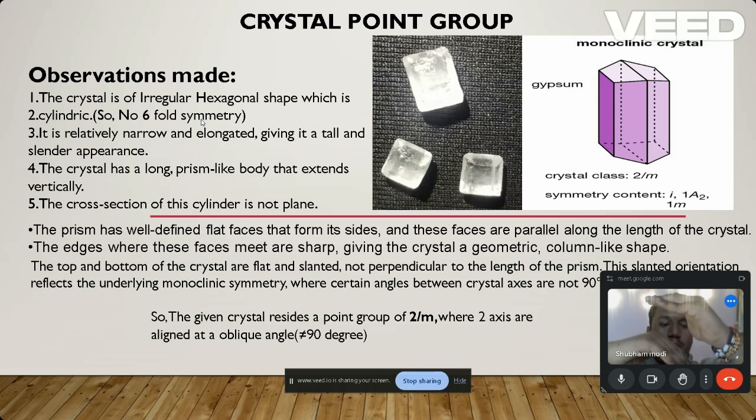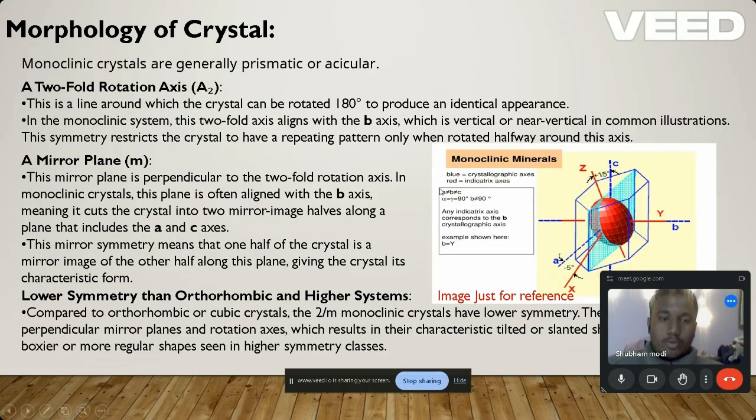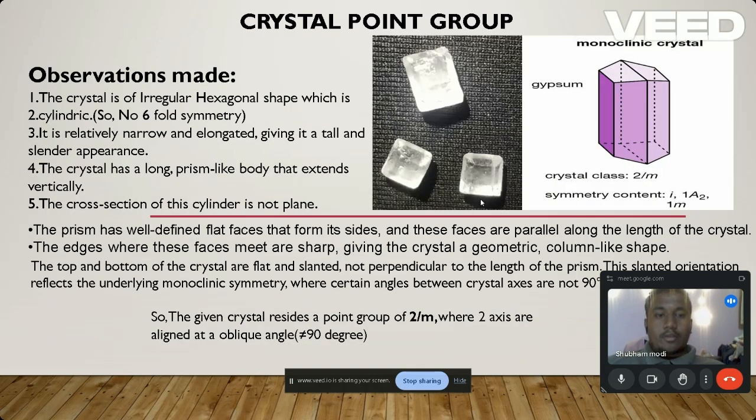Instead, they were slightly tilted, which means there is a chance of monoclinic symmetry, because in monoclinic symmetry, a not equal to b not equal to c, and one of the angles is also not equal to 90 degrees.